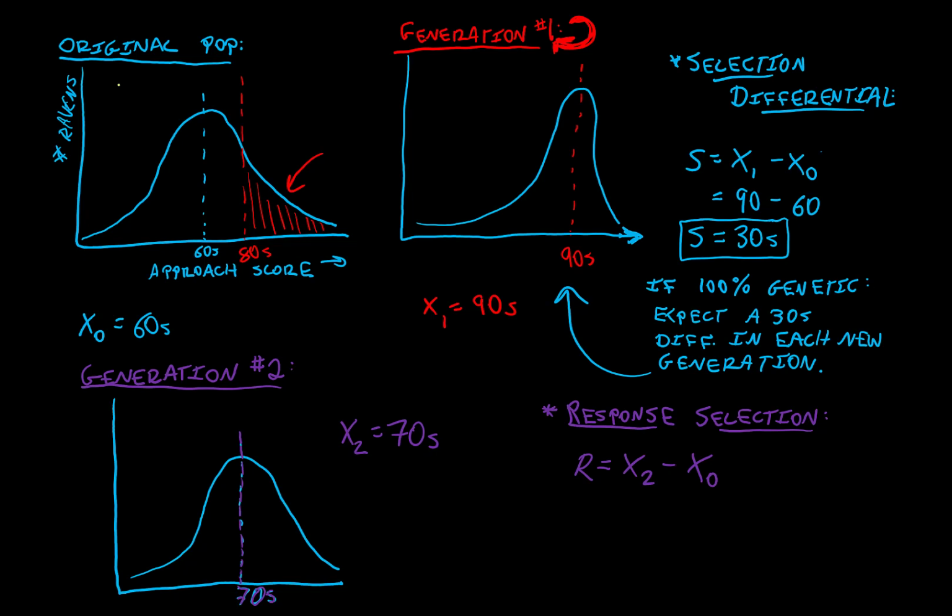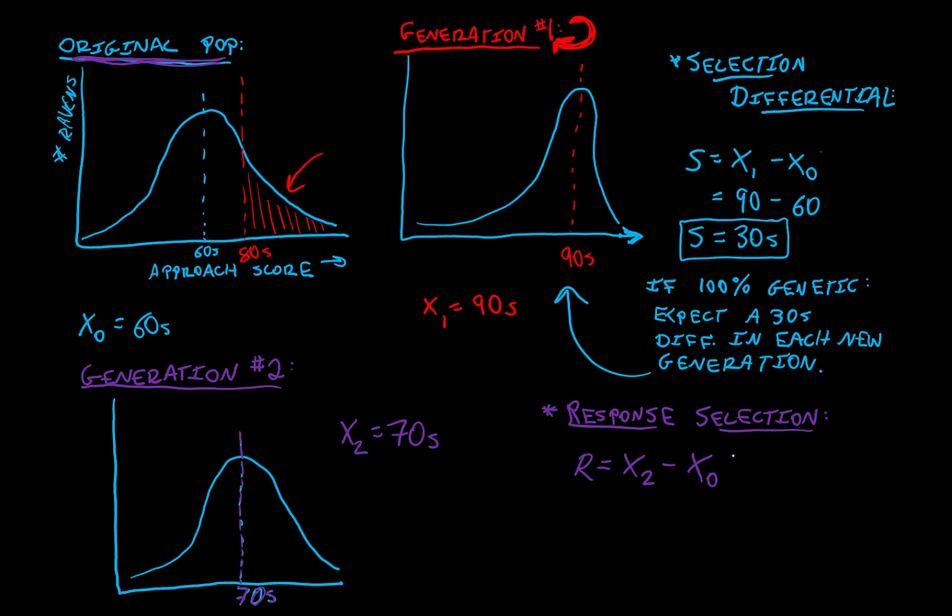So remember, the original population is what these birds are supposed to look like when it comes to the distribution of approach times in this group. What we're trying to see is if by truncating the population to just those who are slow approachers, can we change the approach time distribution permanently as it compares to the original population?